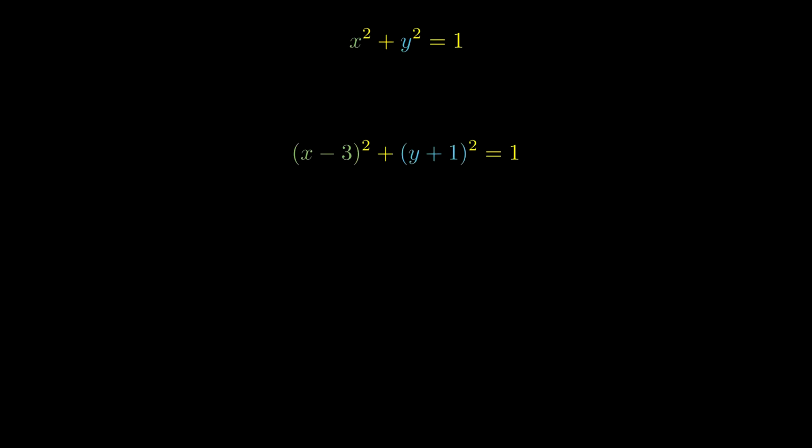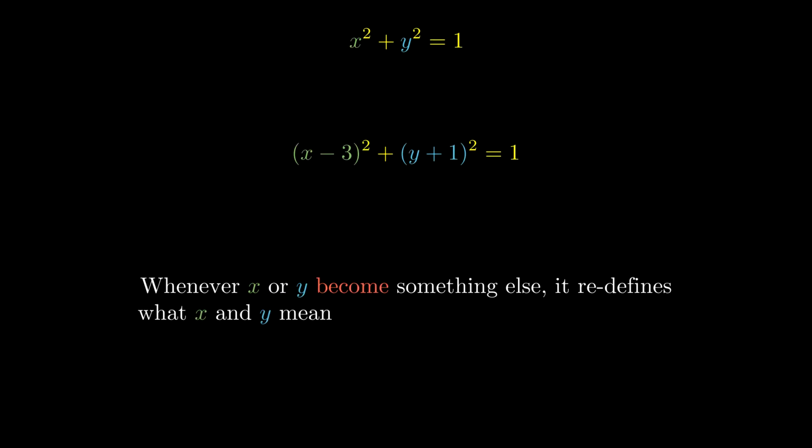It's that to make sense of this entire topic, and do trust me on this, whenever the form of the equation doesn't change, but x and y themselves have become something else, well, that's going to redefine what x and y mean without changing the curve itself. And the effect of this is to transform the axis instead of transforming the curve. And I will write this down somewhere, it's super important.